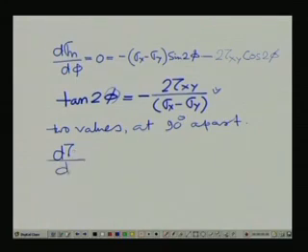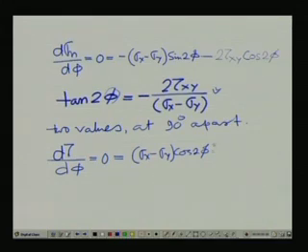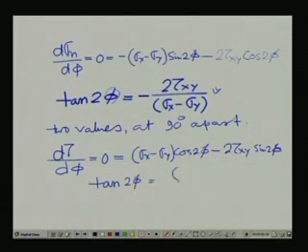Now, d tau by d phi, once again if we equate it to 0 and write down similar expressions, we get sigma x minus sigma y cos 2 phi minus 2 tau x y sin 2 phi equals 0. So we get tan 2 phi equals sigma x minus sigma y divided by 2 tau x y.